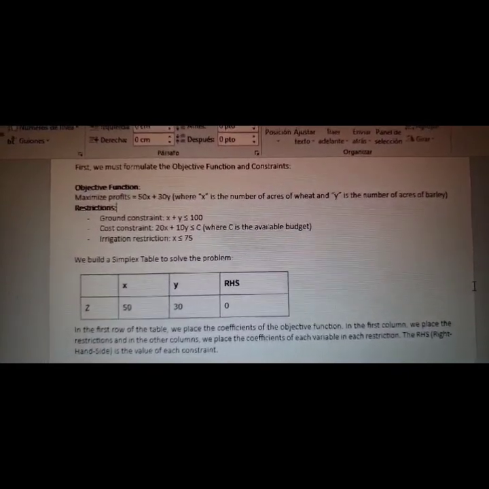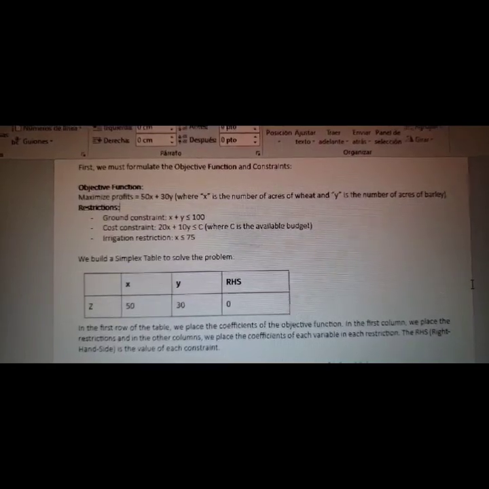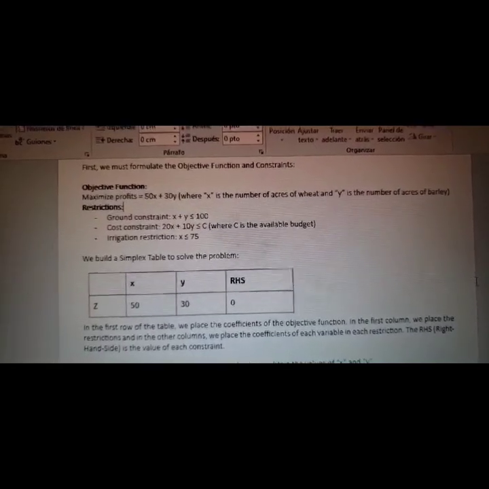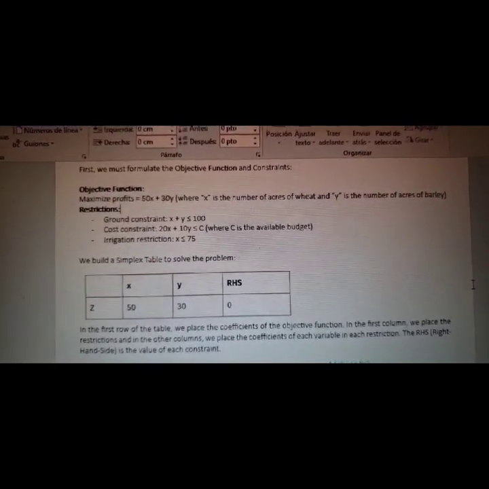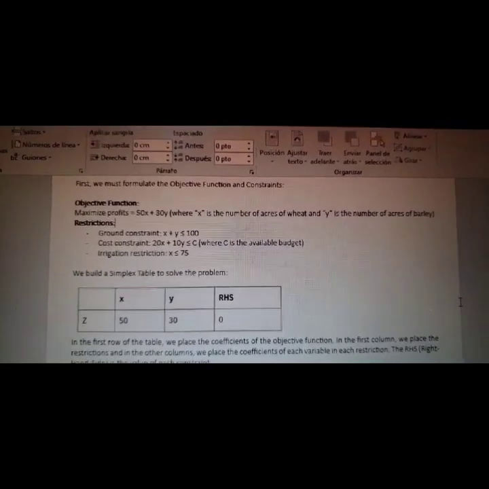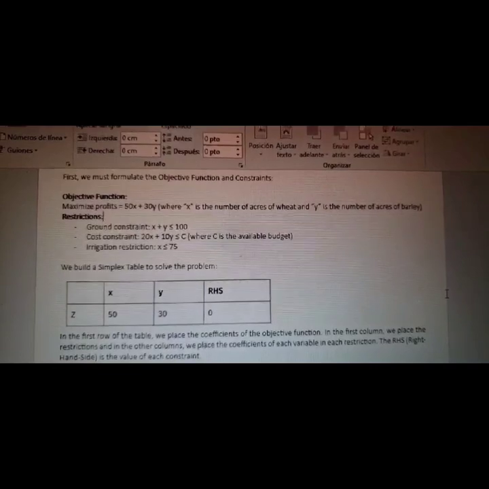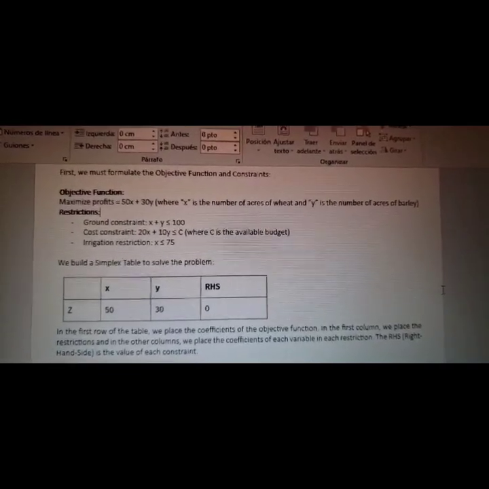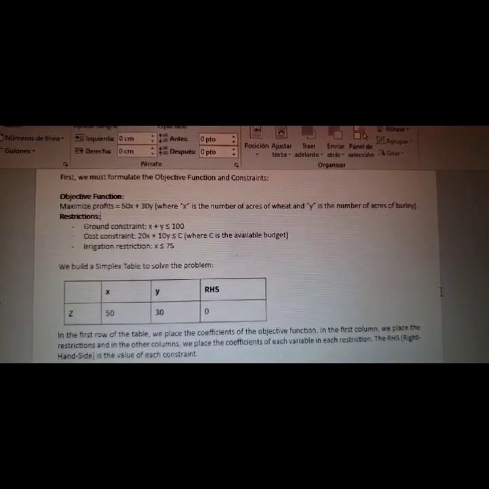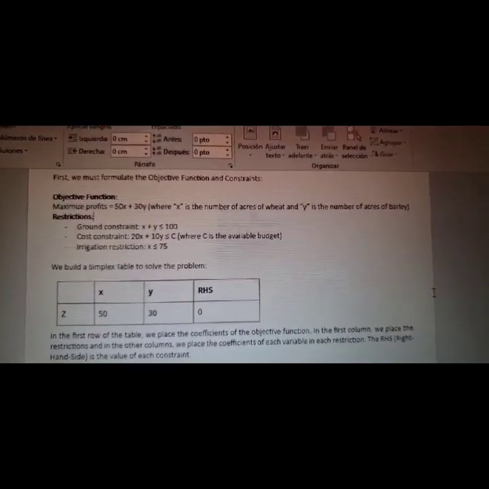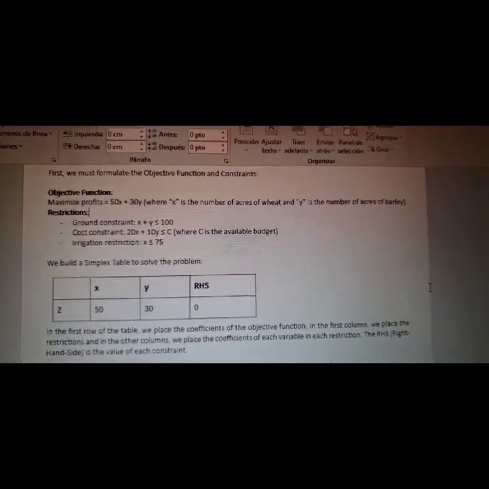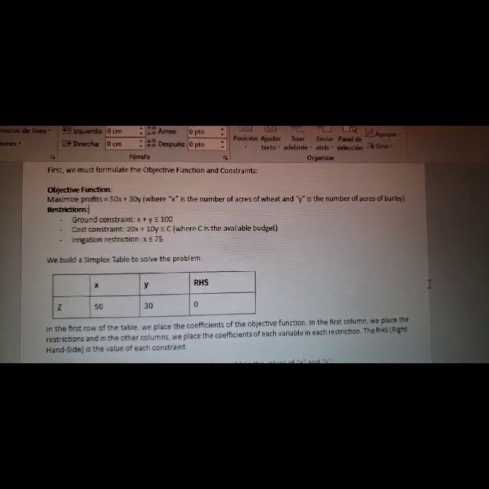Restrictions: ground constraint, x plus y is less than or equal to 100. Cost constraint: 20x plus 10y is less than or equal to c, where c is the available budget. Irrigation restriction: x is less than or equal to 75.